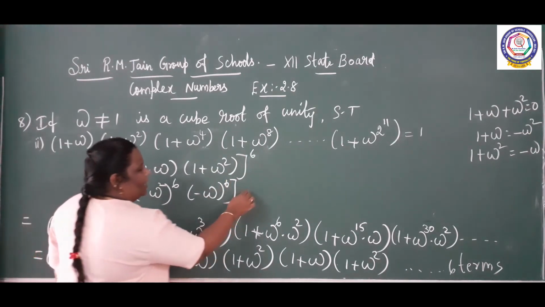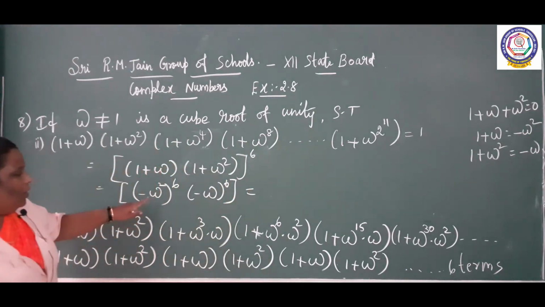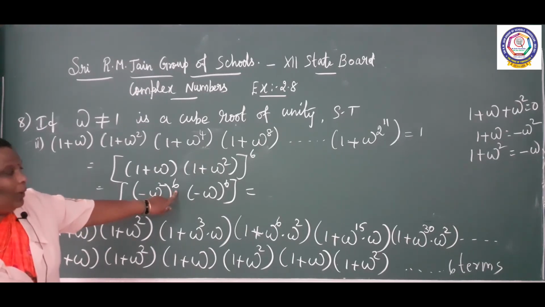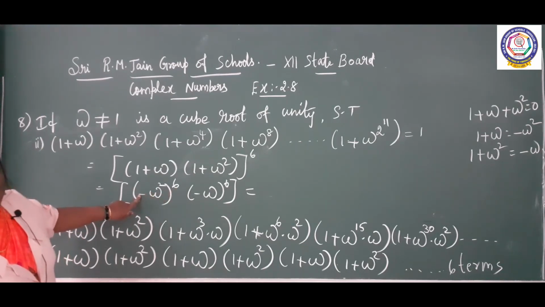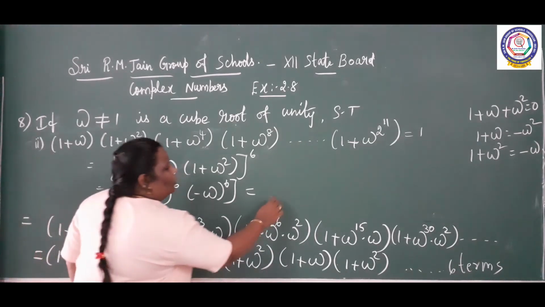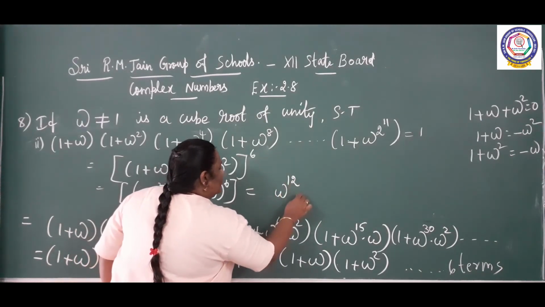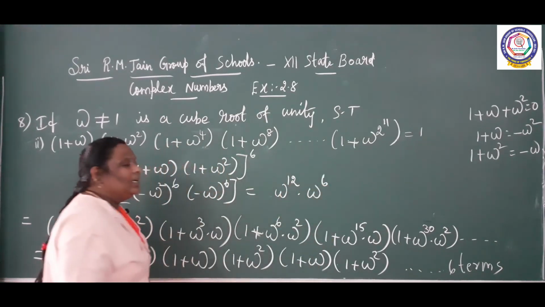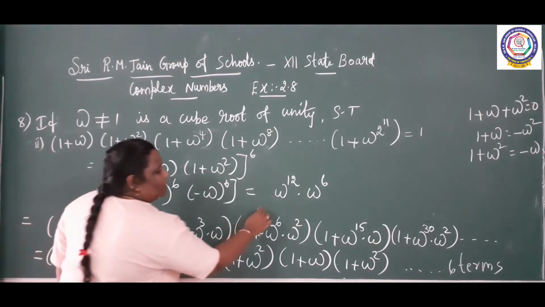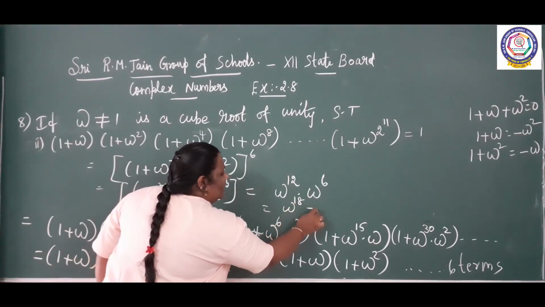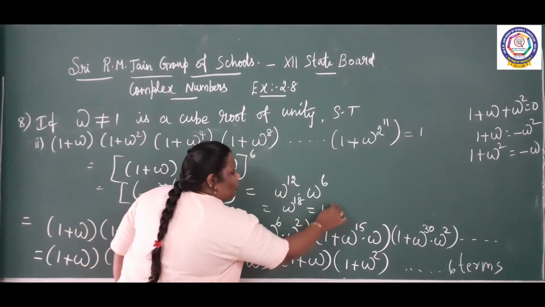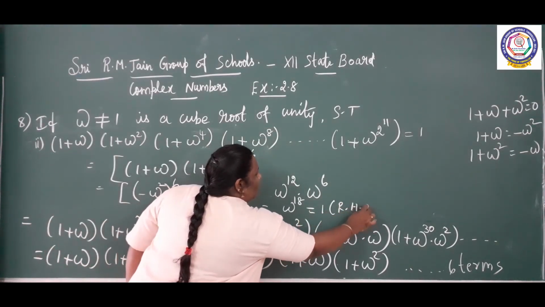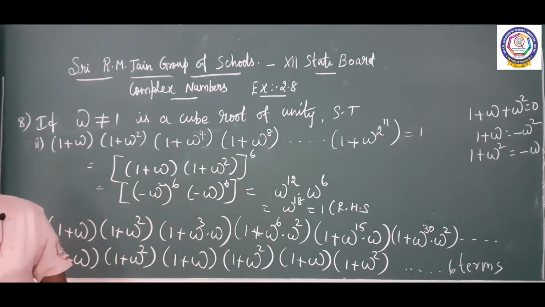What is the answer you are getting here? Omega power 12, because it is power 6, negative becomes positive. So omega power 12 into omega power 6 gives omega power 18. It is also a multiple of 3, so the value is equal to 1. It is nothing but the RHS. Hence the proof.